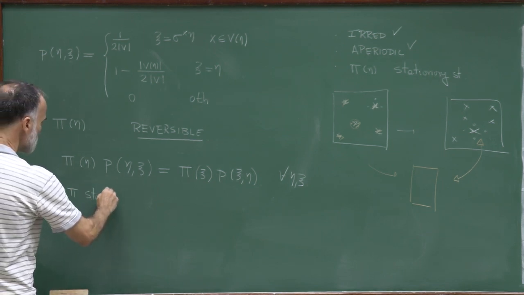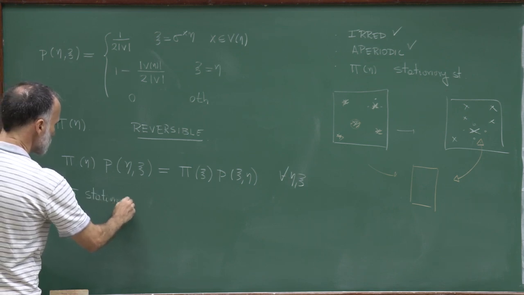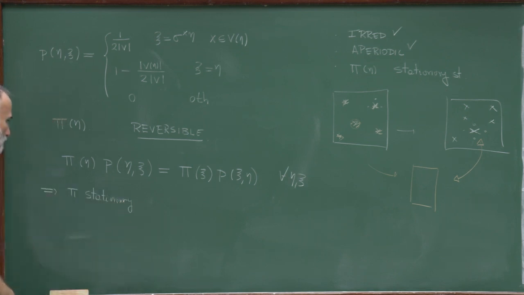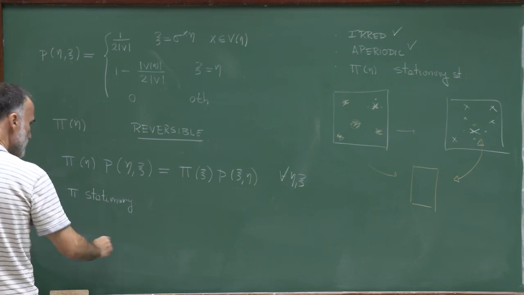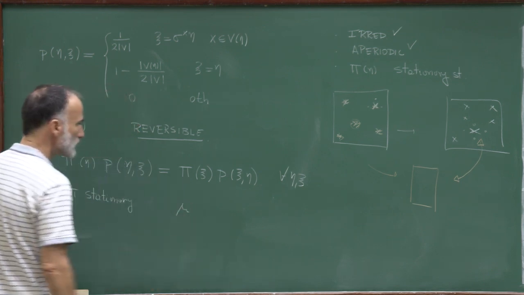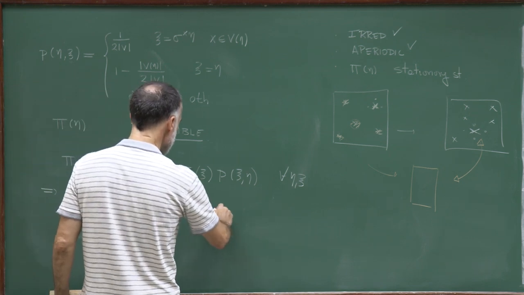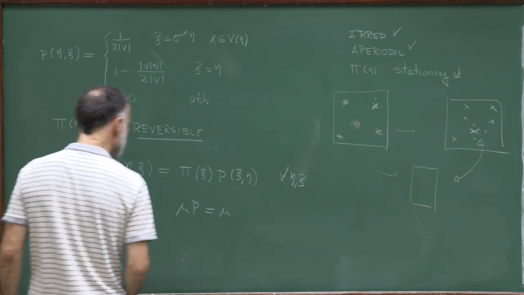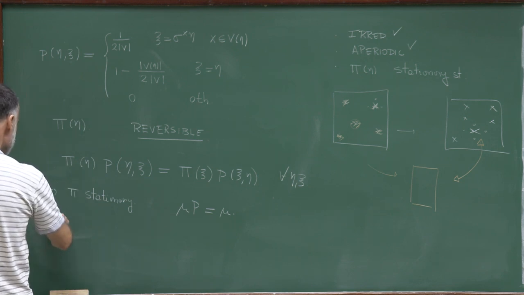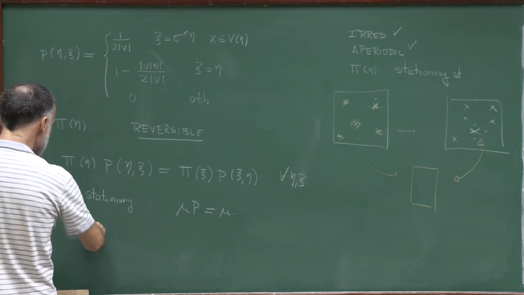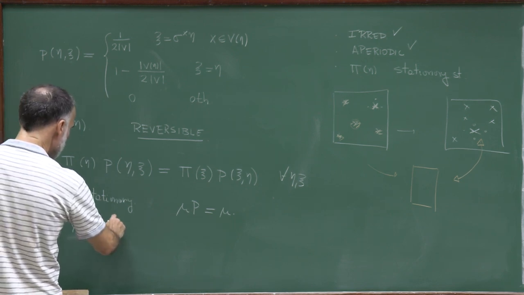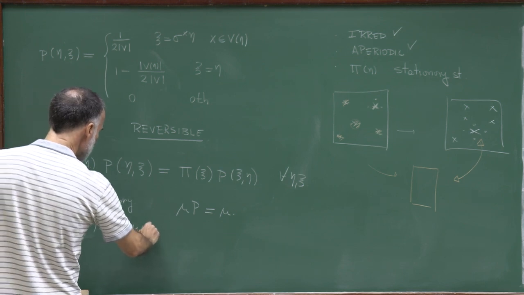This is a general statement on Markov chains. If I want to show that mu is a stationary state for a discrete time Markov chain, I have to show that mu p is equal to mu, which means that for all eta, mu p of eta is equal to mu of eta.